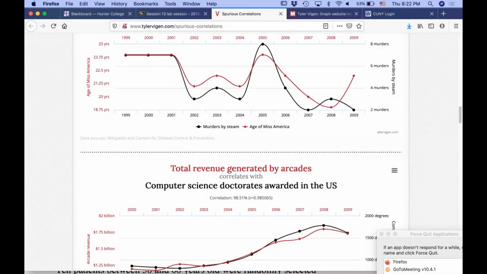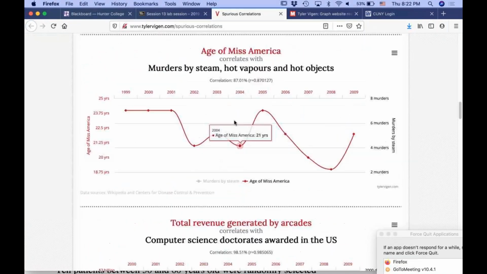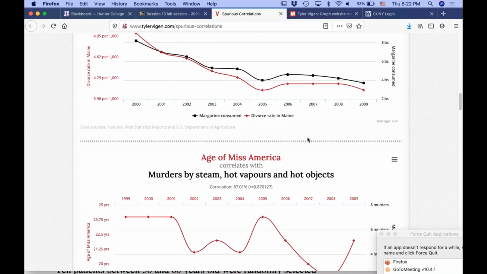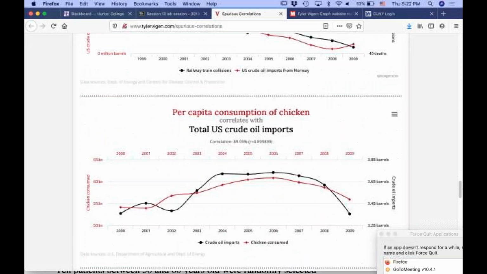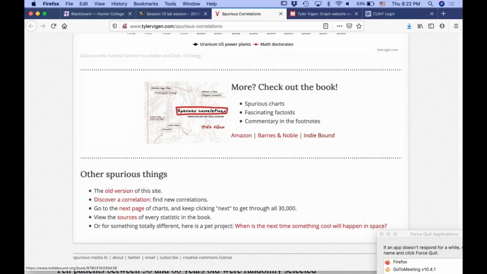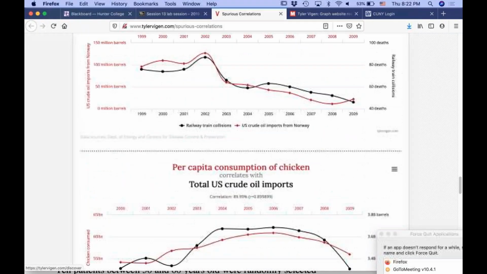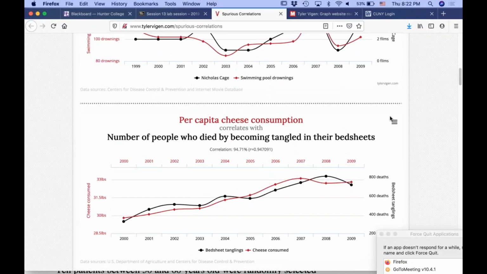In fact, on some of these, maybe I have to click into it. I think if I click into it, margarine and divorce might not be so far off. Yeah. I won't even go there. I have no idea. Okay. So now, I'm frustrated here because I'm not seeing the view that I want.